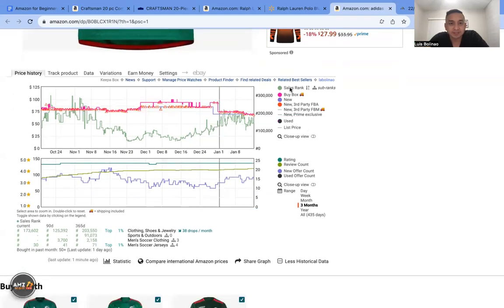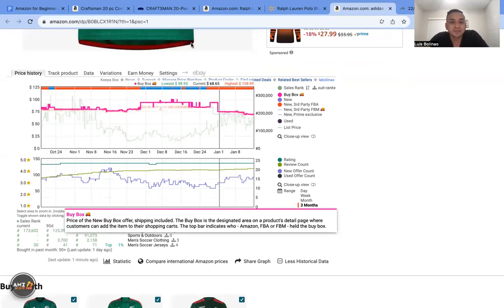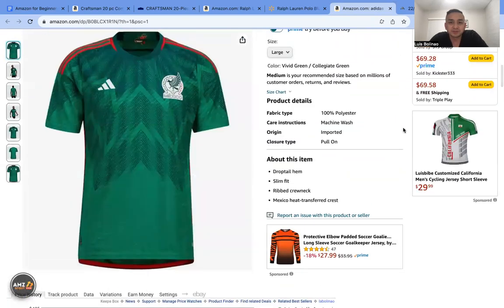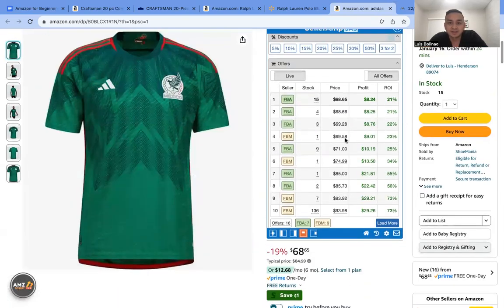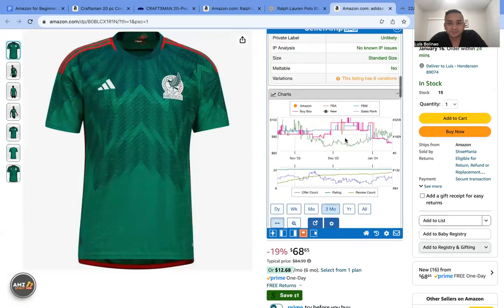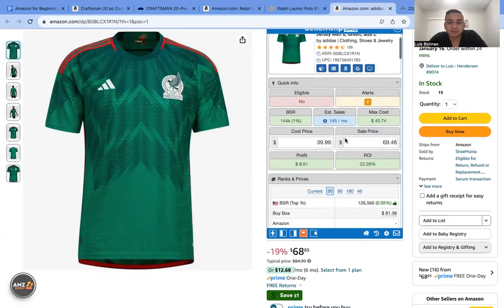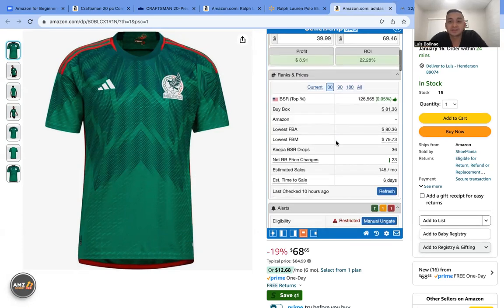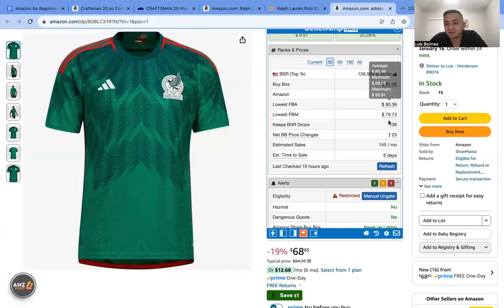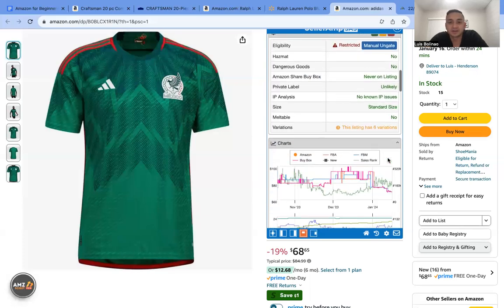So let's see my chat. Tony's asking what exactly Seller Amp and Keepa are and how they differ from each other. They usually give different data. With Seller Amp, there's a lot of data here. It tells you if you're eligible to sell the product and gives you a breakdown of numbers.